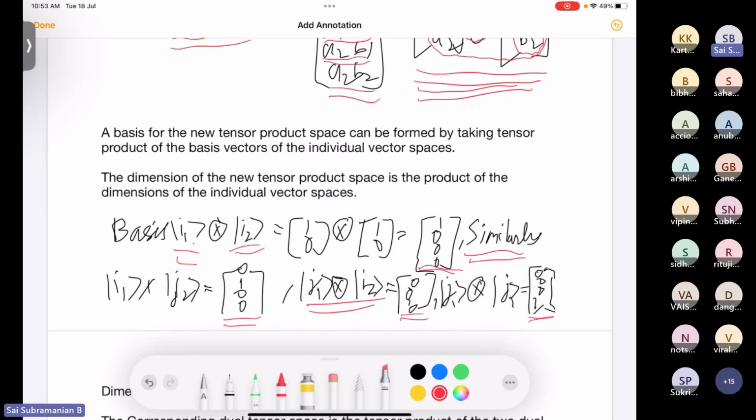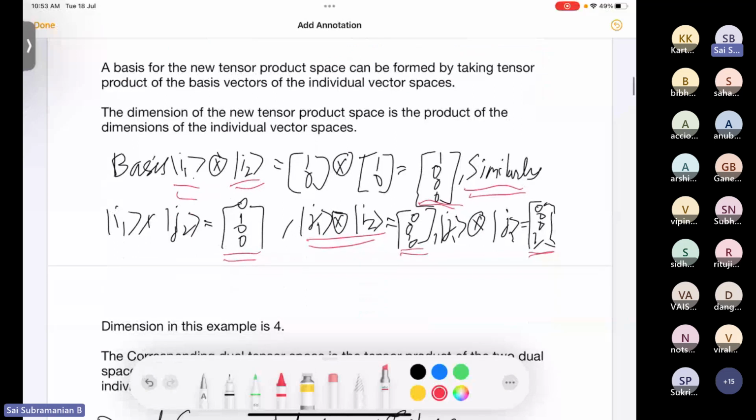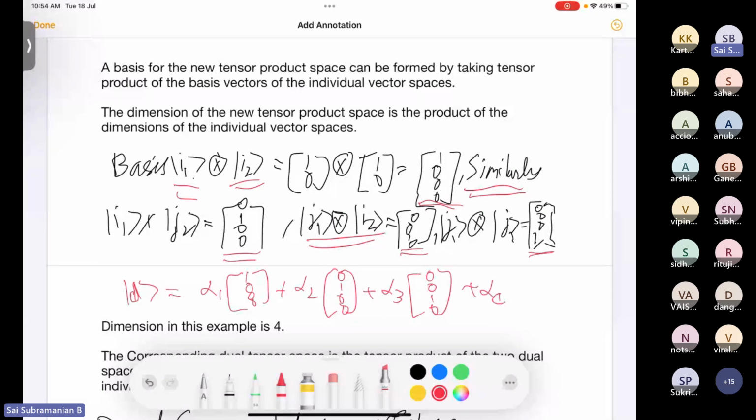So if we are writing a new vector, let's say some vector D, in this new space, we will write it as alpha 1 times (1, 0, 0, 0) plus alpha 2 times (0, 1, 0, 0) plus alpha 3 times (0, 0, 1, 0) plus alpha 4 times (0, 0, 0, 1).